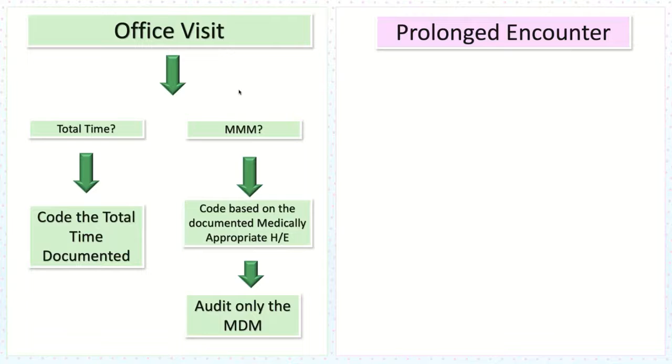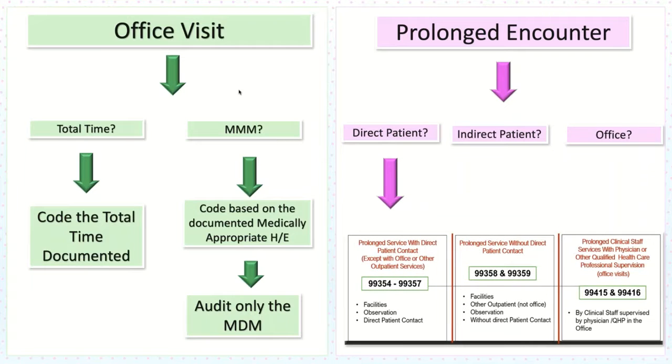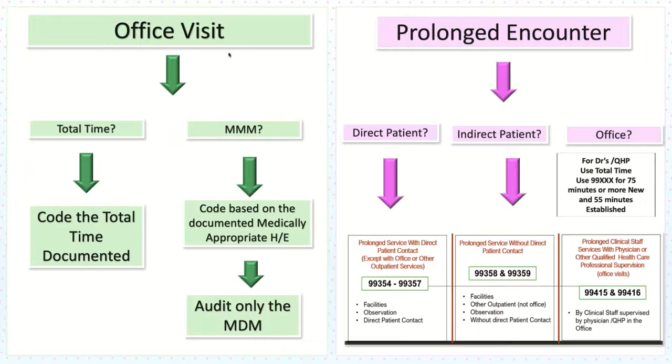That's it. Now for prolonged services, you have to determine if it's a direct patient encounter, an indirect patient encounter, or an office visit. If it's a direct patient encounter, you'll use code series 99354 through 99357. Indirect patient encounter, you'll use codes 99358 and 99359. And for an office visit, you've got a couple of things going on.